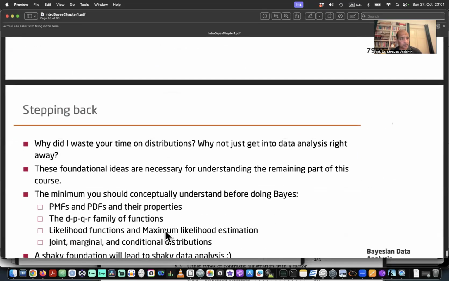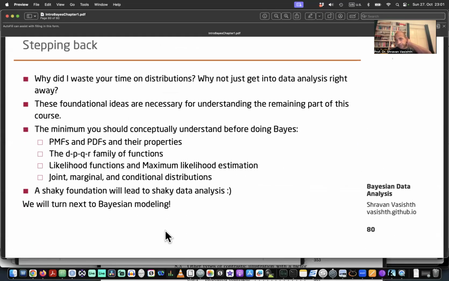So this foundations lecture is very important because in the coming weeks, we'll be working with such bivariate and multivariate distributions.